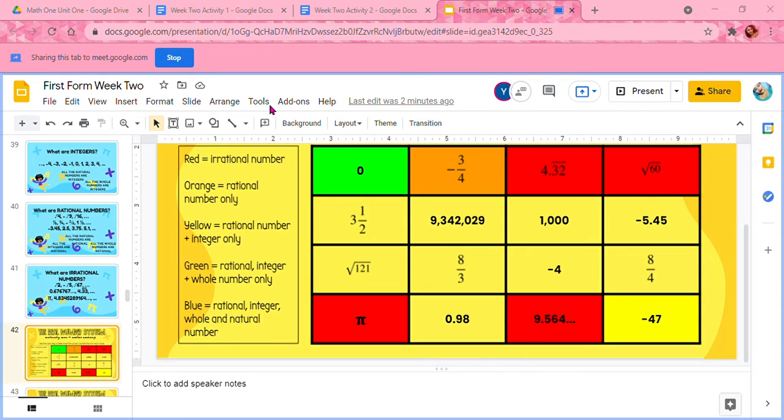Integers are -4, -3, -2, -1, 0, 1, 2, 3, 4. Do we have 3.5 in integers? No, we don't. So where do the fractions go? Where did I say that the fractions go?